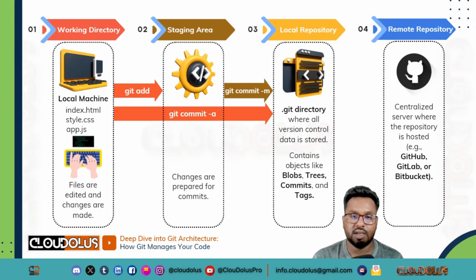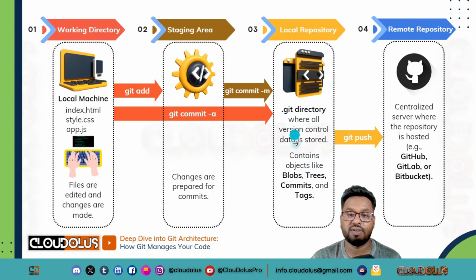This is the command git push. You push the committed code to the remote repository, the centralized server, with GitHub, GitLab, and Bitbucket. This is the hosting zone, hosted with GitHub, GitLab, and Bitbucket.